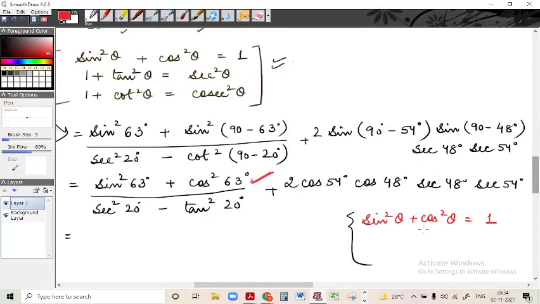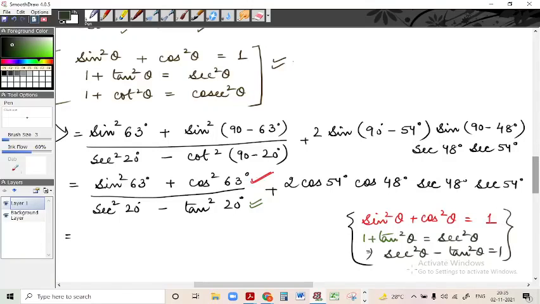Next, in this case we are going to apply 1 plus tan square theta is equal to sec square theta, which I may write as sec square theta minus tan square theta is equal to 1. So these are the main properties which we are going to apply.